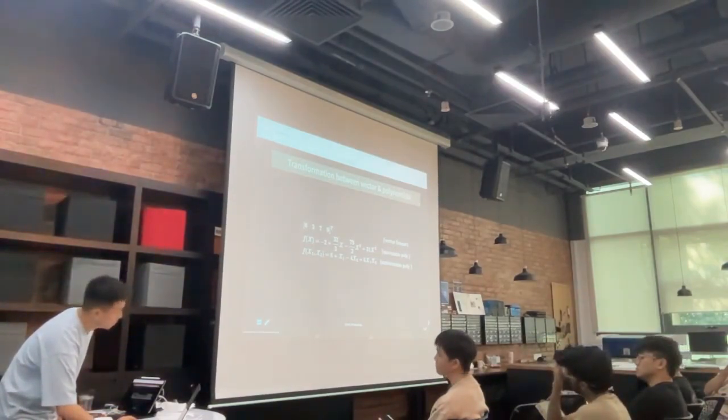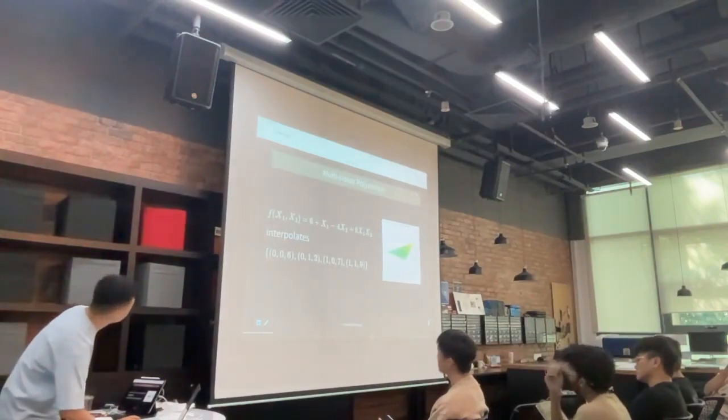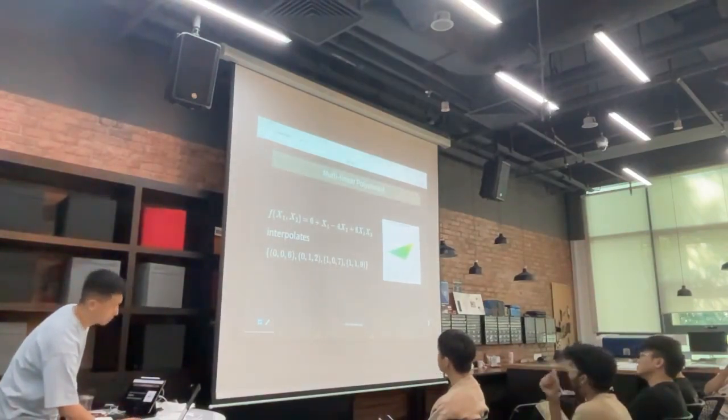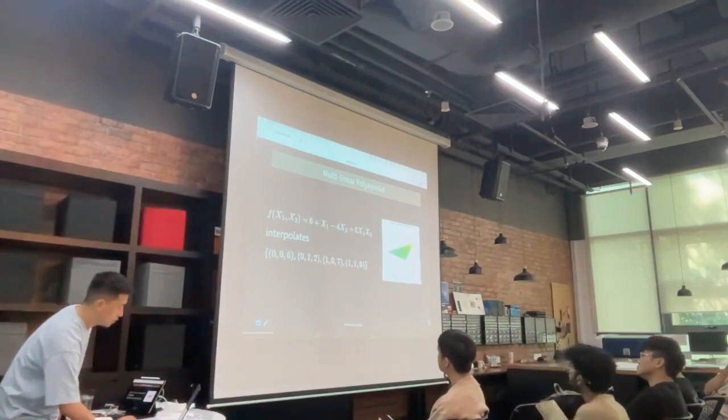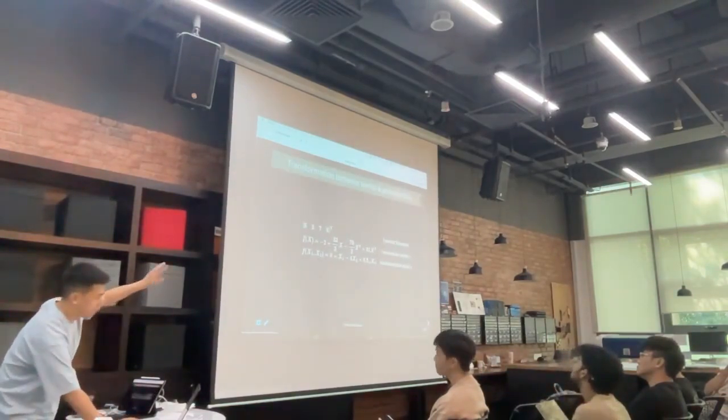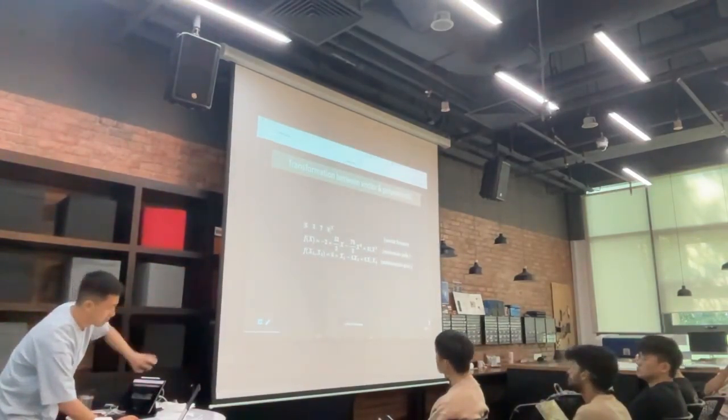This picture shows the multivariate interpolation. So we can say these three formats are saying the same data.